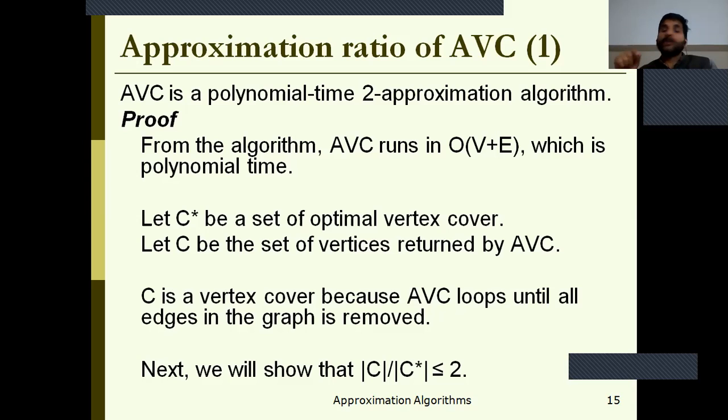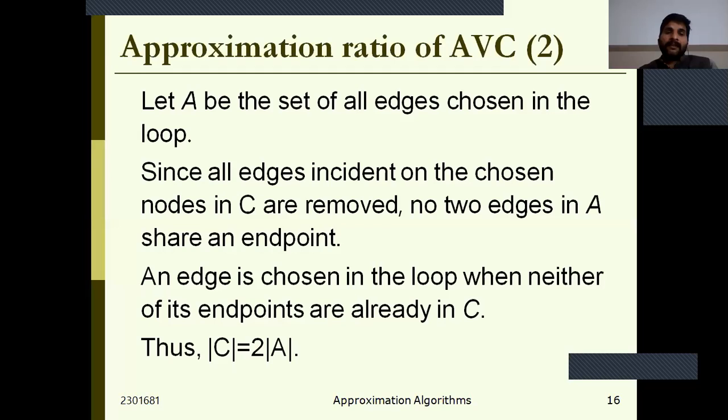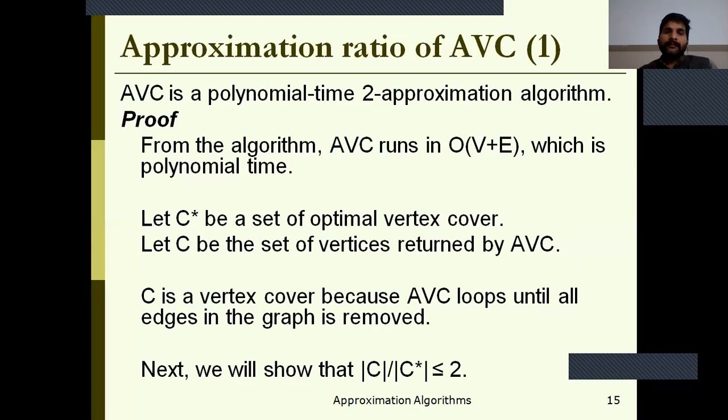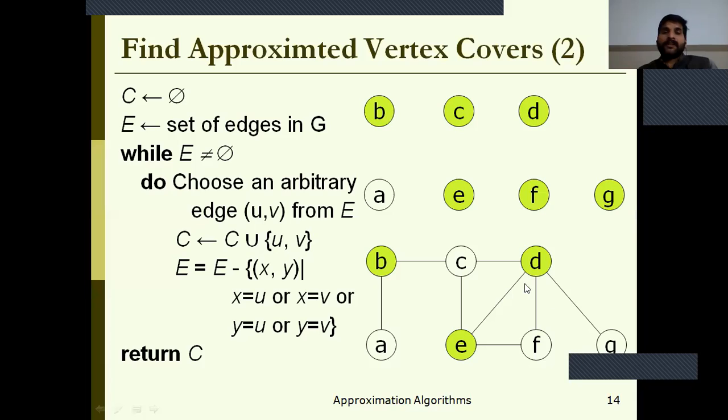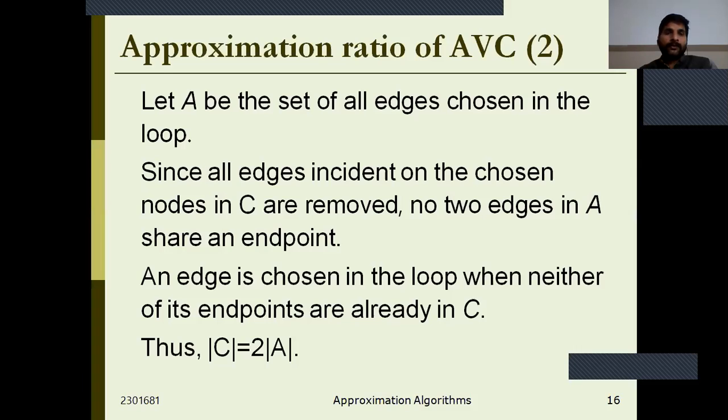So next we will show that C upon C star is less than or equal to 2. In the given graph, for the approximation cost we choose 6 vertices, and for the optimal cost we choose only 3 vertices. Let A be the set of edges chosen in the loop.